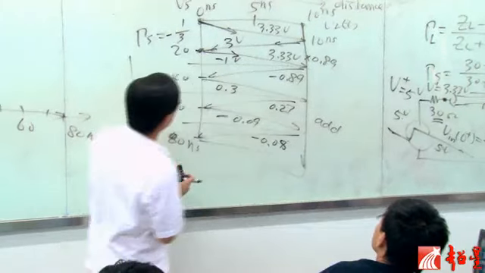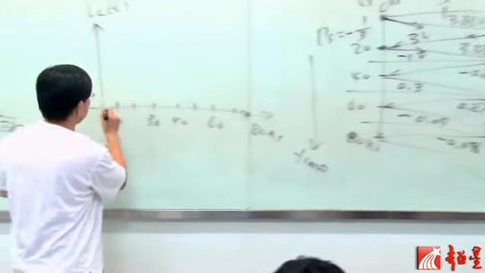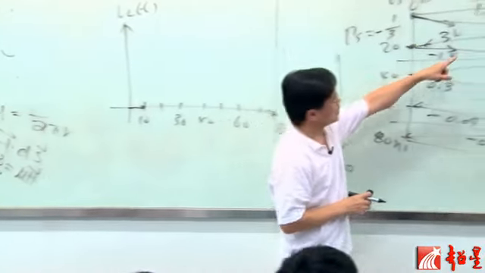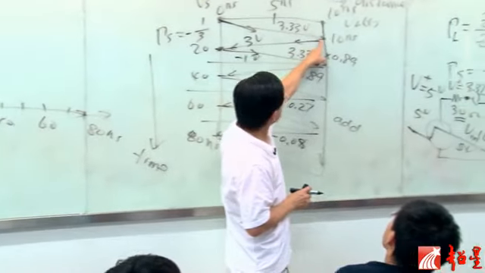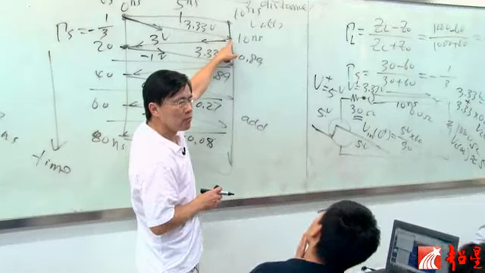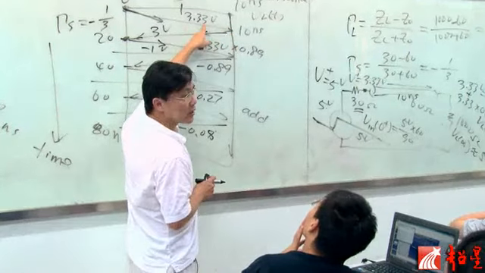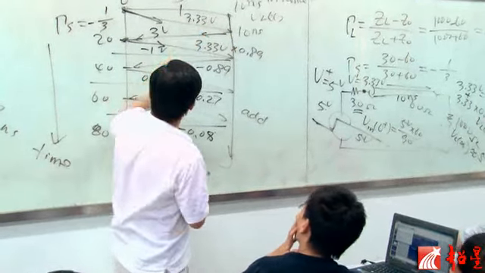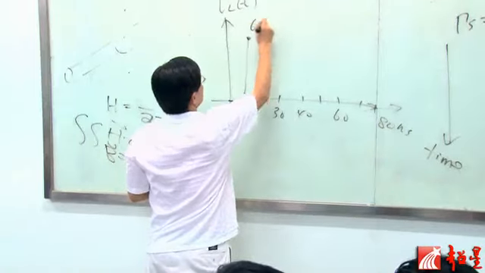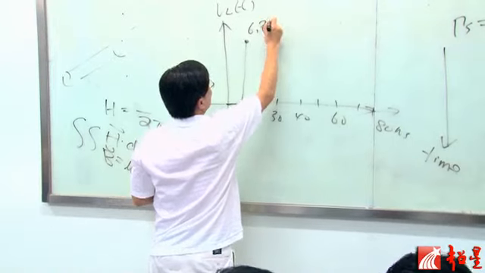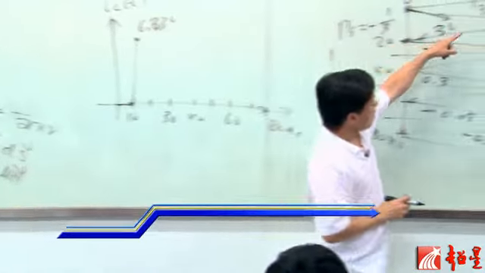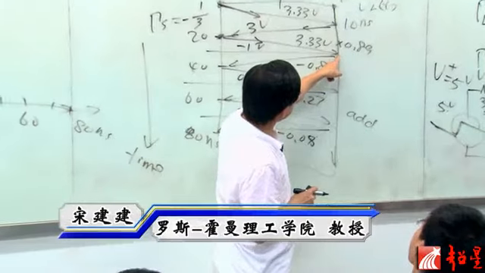So before 10 nanoseconds, it's 0, right? At 10 nanoseconds, what is the total voltage at this point? 6.33, right? 3.33 plus 3. So it goes all the way to 6.33. Okay? Until we get to this point.